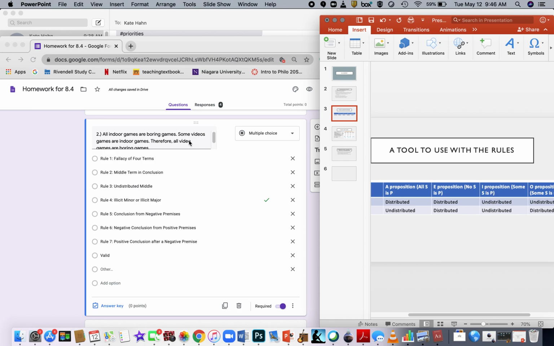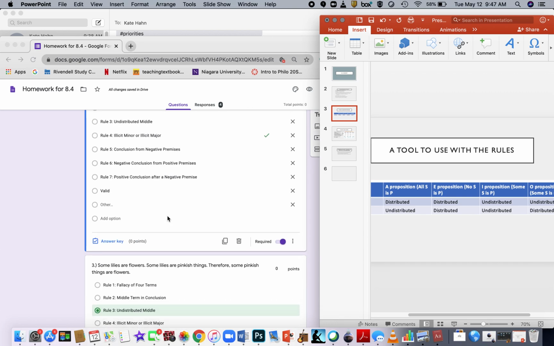So you have your illicit minor term. The minor term video games is distributed in the conclusion, but not in the premise. The major term boring games is the predicate of an A proposition that is the conclusion, so it's undistributed. There's no rule violated here because it's not distributed in the conclusion, and that doesn't even get you going with illicit major because it has to be distributed in the conclusion but not in the premises.